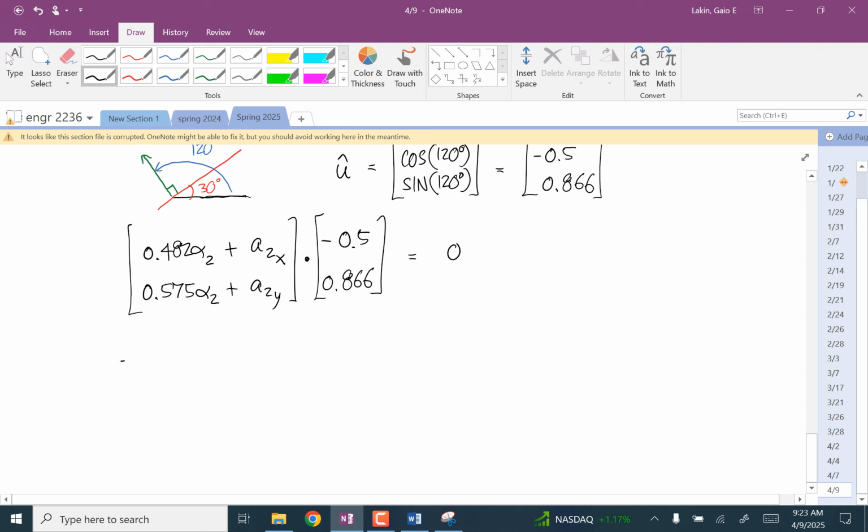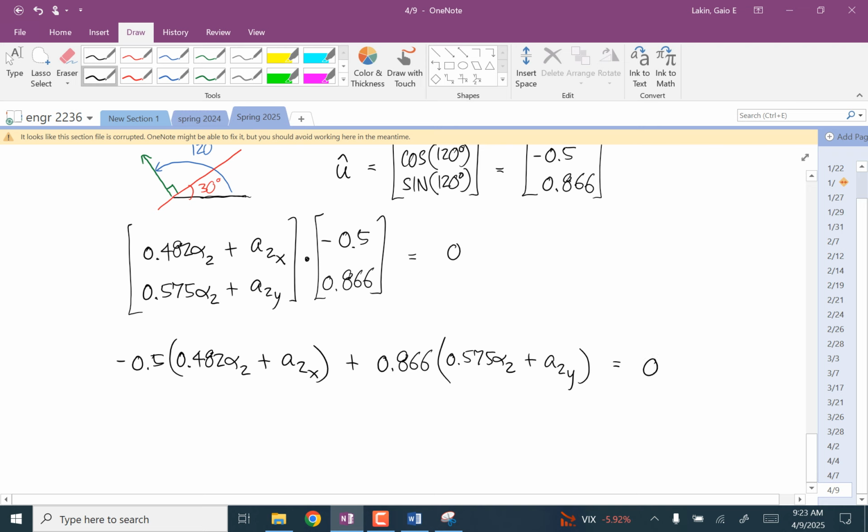And so that says negative 0.5 times (0.482 alpha 2 plus a2x) plus 0.866 times (0.575 alpha 2 plus a2y). All of this is equal to 0.